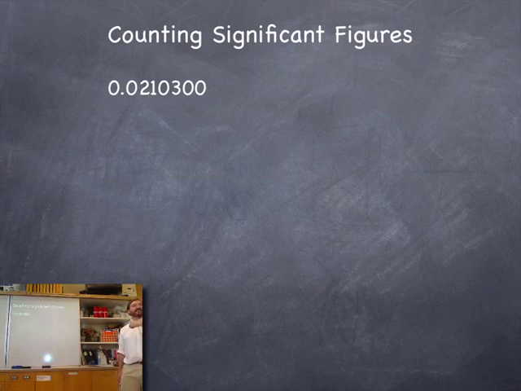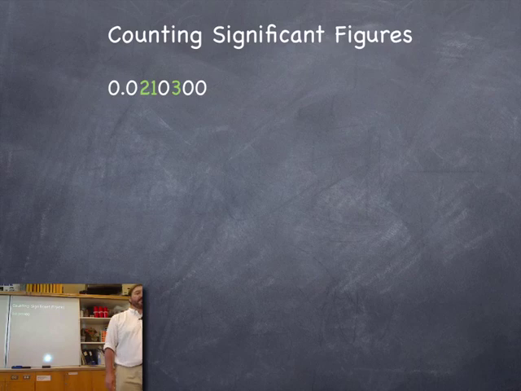This number contains all the different types of possibilities that we might run into. First, if it is a number that is not 0, it is by definition significant. Everything that is not 0 is significant.